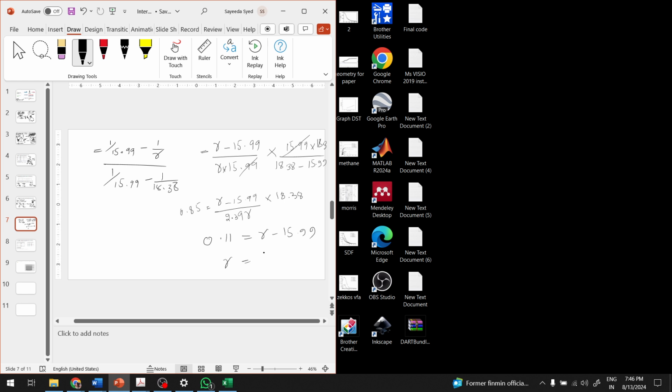So gamma equals, this should be plus 15.99, 16.1. So the gamma field is 16.1. So now we want to calculate the relative compaction.